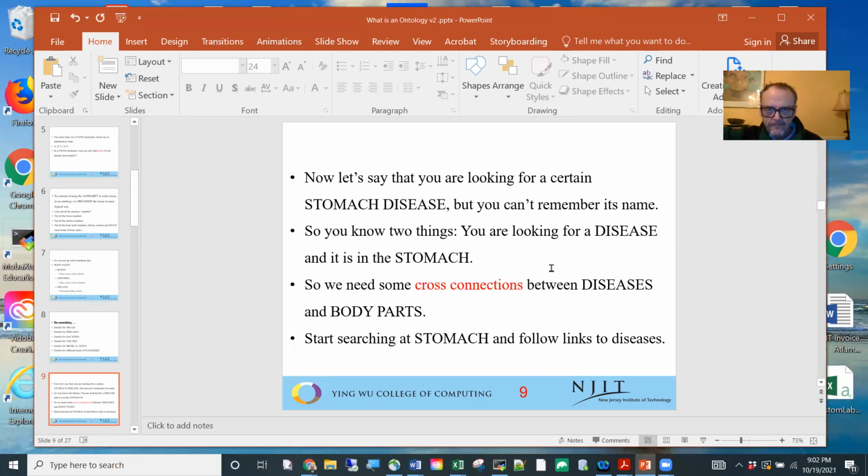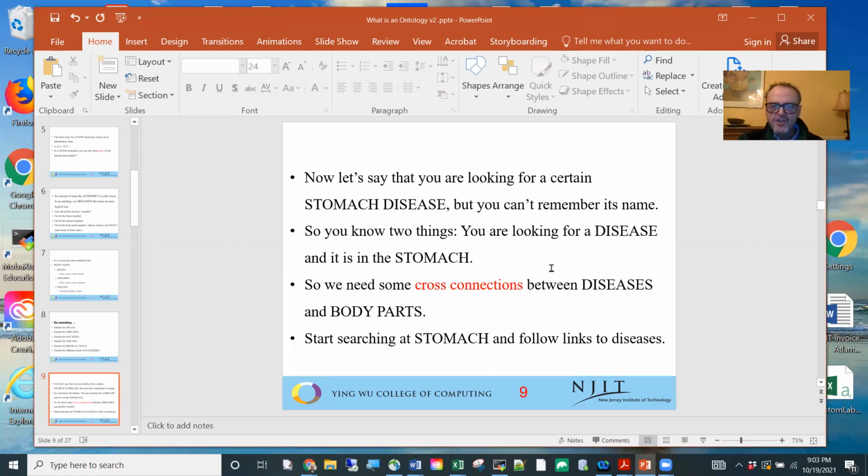So, the two things that we know, it's a disease and it's in the stomach. So we need some kind of connections between the diseases and the body parts. So before I said, organize the diseases separately, organize the body parts separately, but now we need some kind of connections between diseases and body parts.